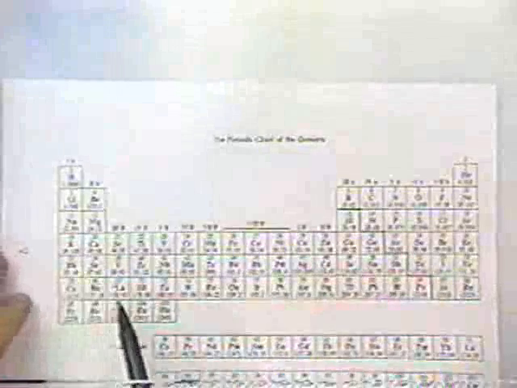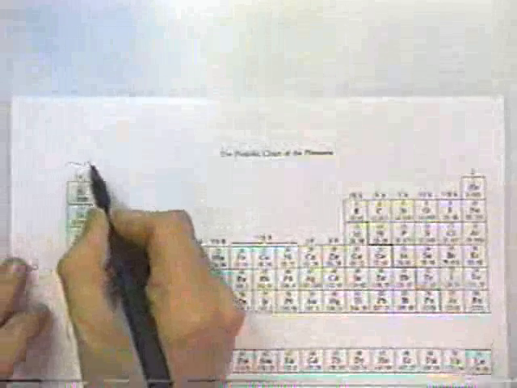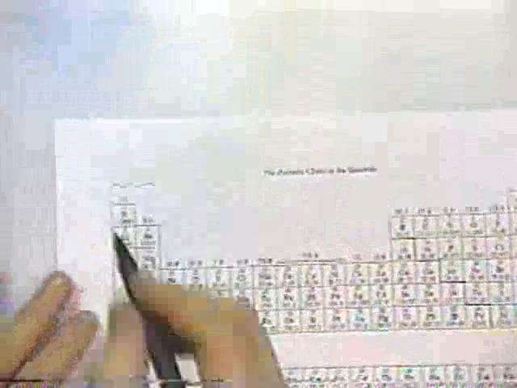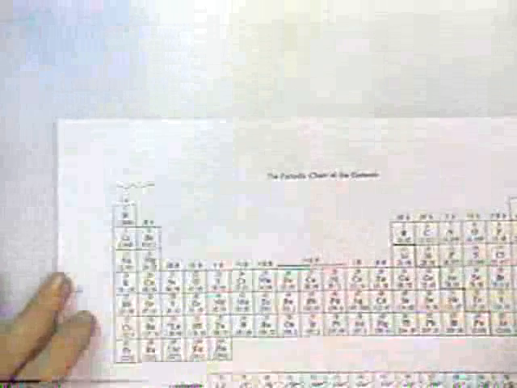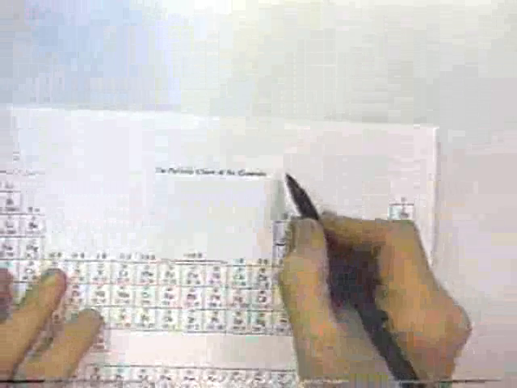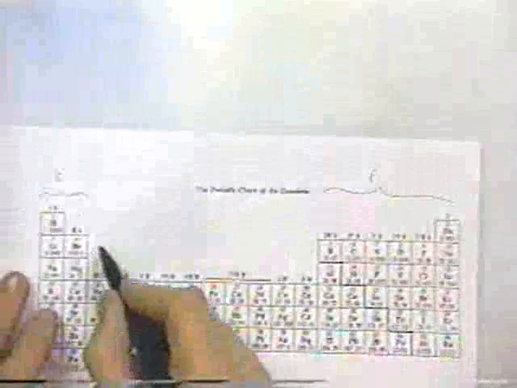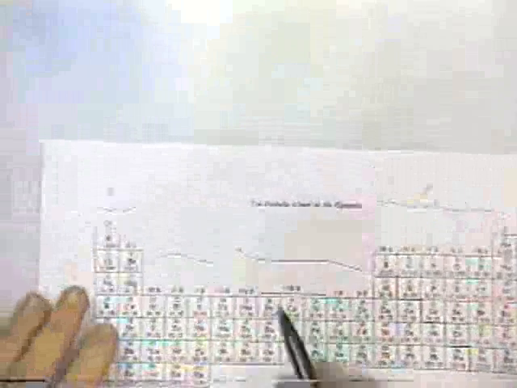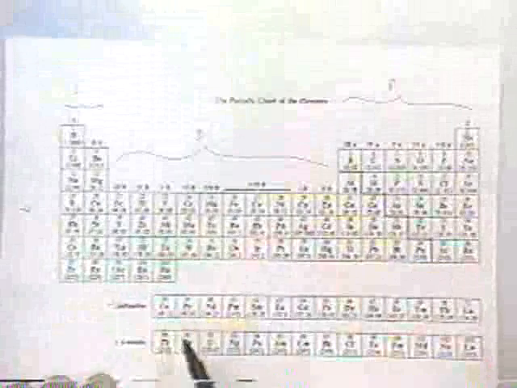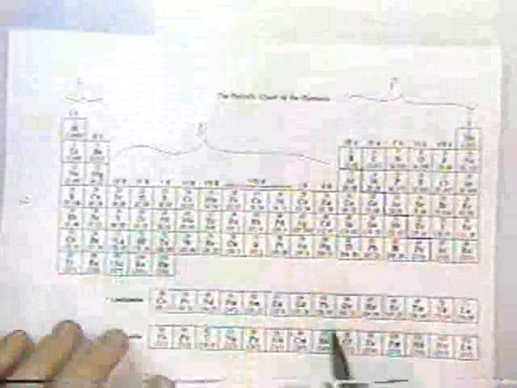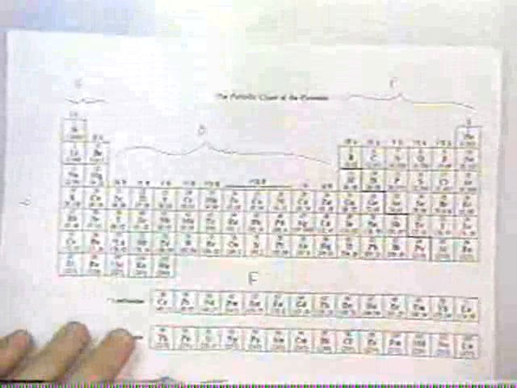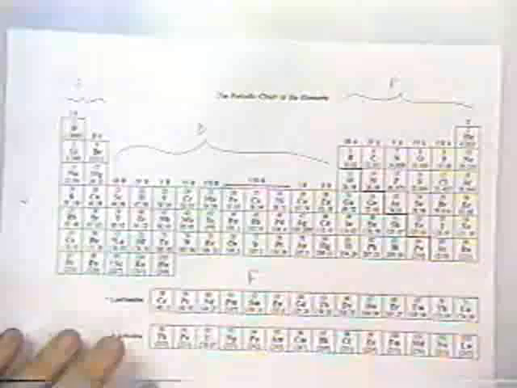So you can see that in the periodic table, all of these elements in this column are filling the s orbitals. These are filling the p orbitals. All of these are working on the d orbitals. And the ones down here, which are sort of inserted to here, are as you fill up the f orbitals.